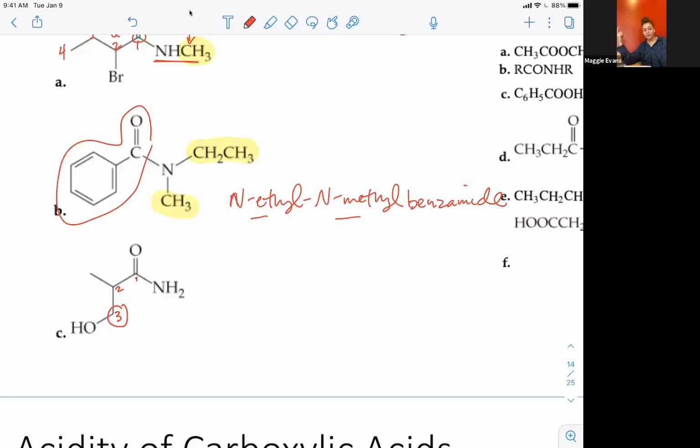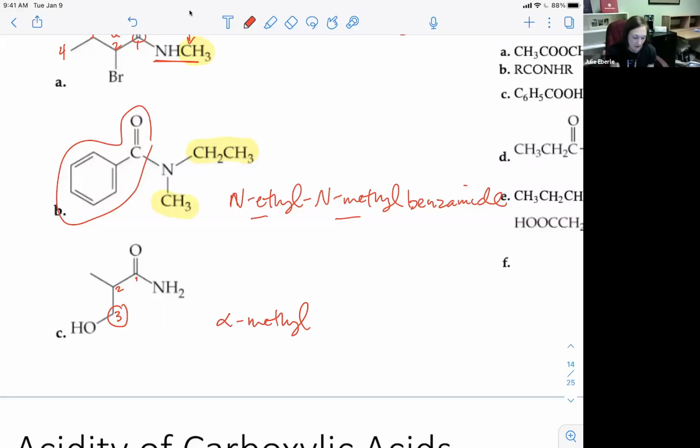Is it alpha methyl gamma hydroxide? So it should be beta. So this would be the alpha, and then this would be the beta carbon. And the only other thing, Maggie, you're exactly on the right track, but I'm gonna scoot this one over and we're gonna write hydroxy before methyl. So I like what you had.